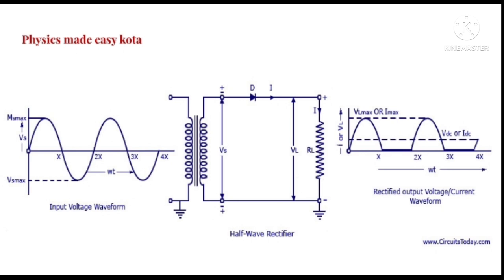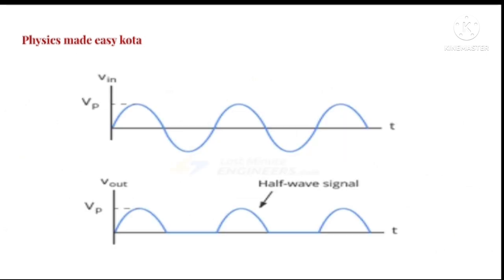So for this case, the junction does not conduct, no current is flowing, and we get no output for this part of the input signal. So this is a half wave rectifier, and we get output only for half of the AC signal, only when the PN diode is forward biased.